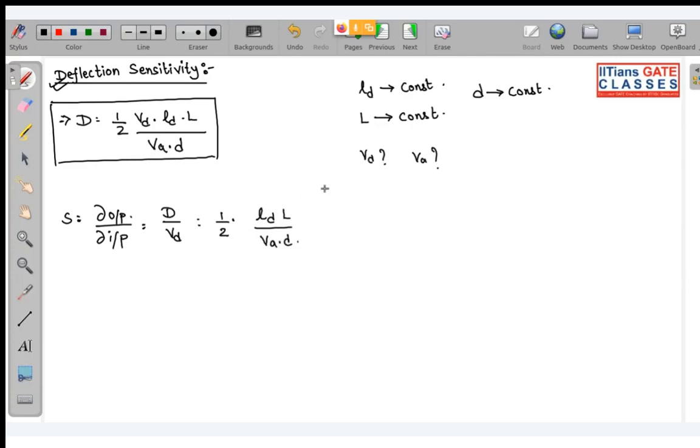Sensitivity means for a change in input, you can see the change in output. If I want to increase the sensitivity, what should I do over here? Tell me.